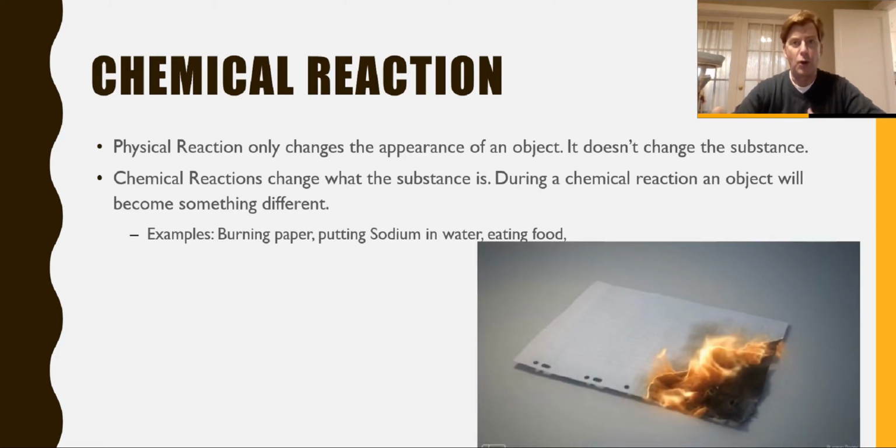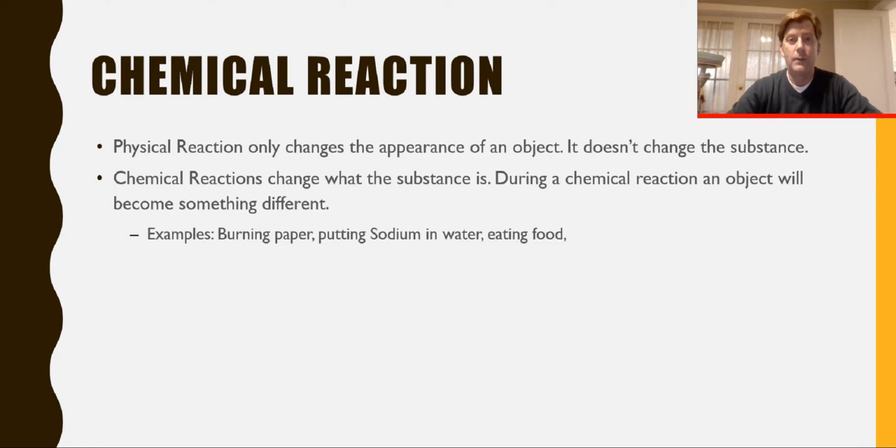As you burn paper, it's not paper anymore in the end. It's ash and the dark stuff that's left there. It doesn't have the same tensile strength. You can't write on it anymore. And so it's not the same stuff. So that's the big idea that you're looking at. And we'll look for different evidence and things that we have too.